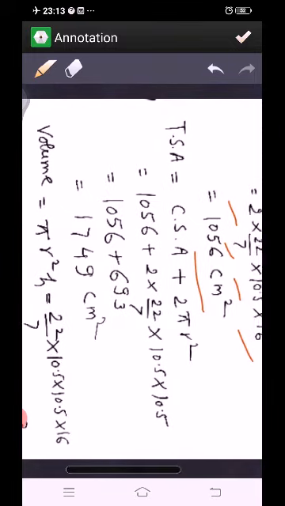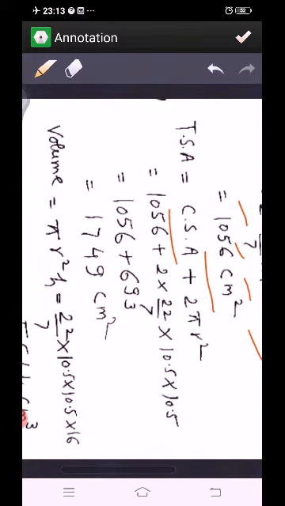Then total surface area, that is curved surface area plus area of bases. So we can see curved surface area we have got 1056 plus area of bases, that is 2 pi r square. So 2, pi is 22 upon 7, r square that is 10.5 into 10.5. This we get on calculation 693.